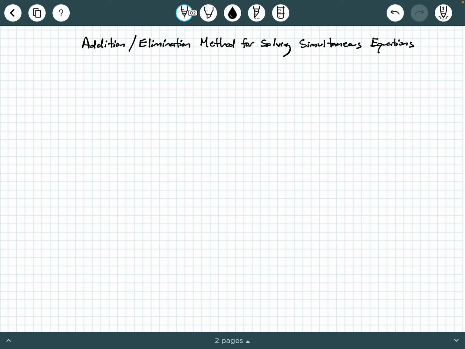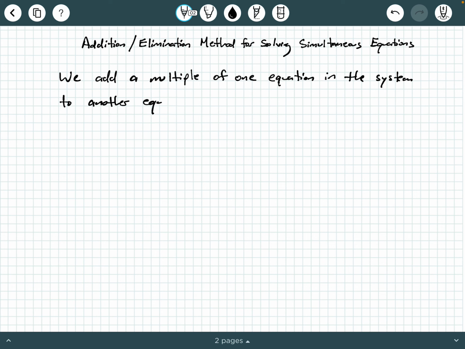In this method, we add a multiple of one equation in the system to another equation in the system in order to cancel one of the variables.